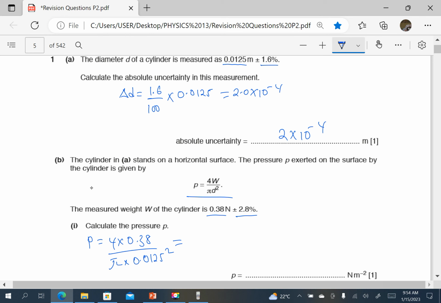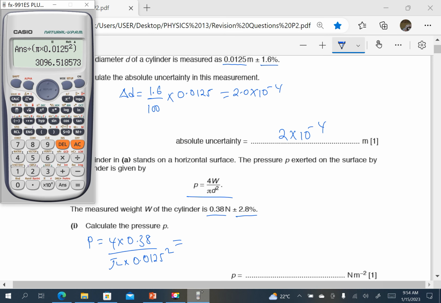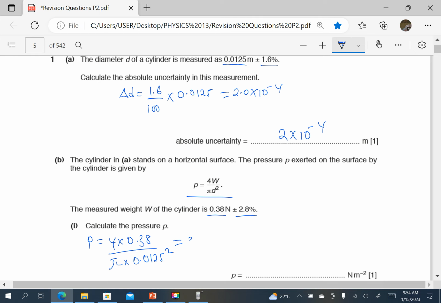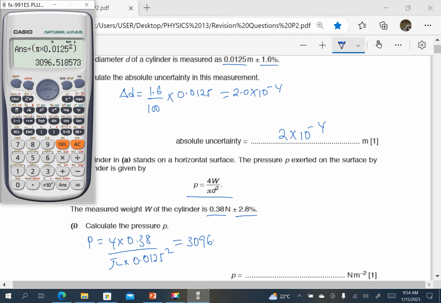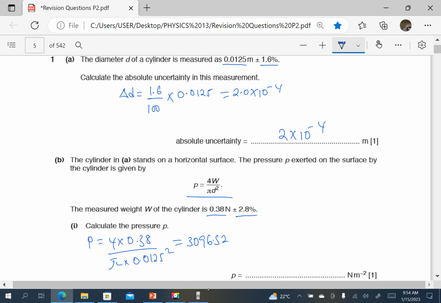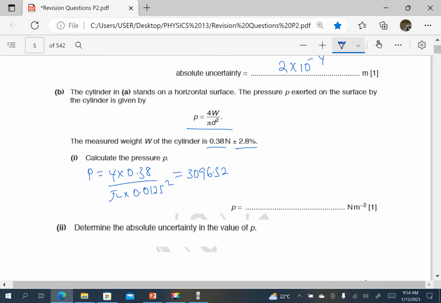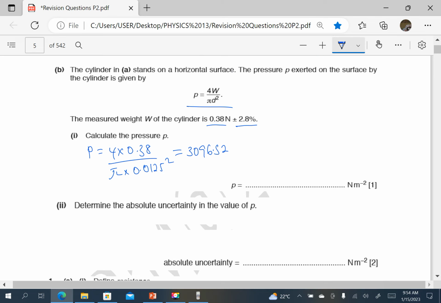So this is giving me a value which is 3096.51. I'll just write 3096.51 of 0.52. So this is going to be approximately 3100. If I round off to two significant figures, this will add a 1 there. So it becomes 3100 Newton per meter squared.